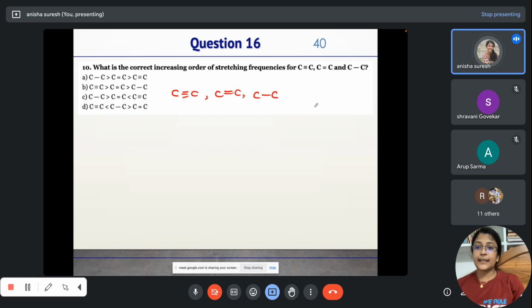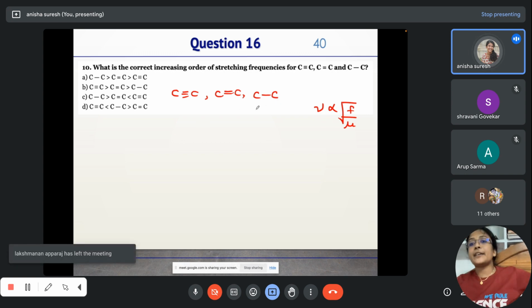So we can consider the equation nu proportional to root of F by mu, where F denotes the force constant. In case of alkyne, the force constant will be more compared to that of alkene and alkane.